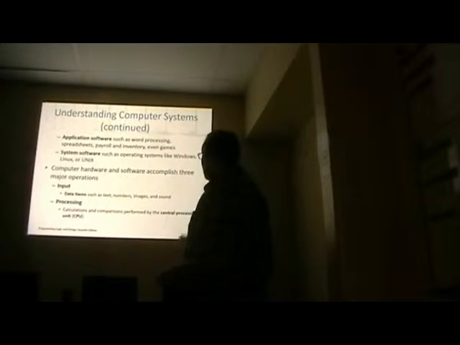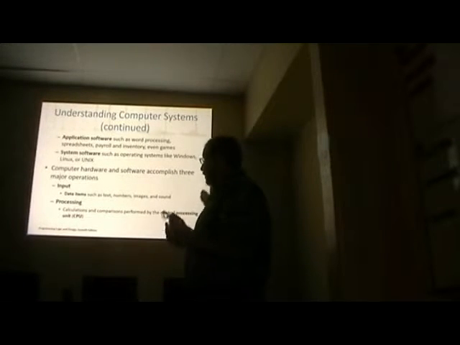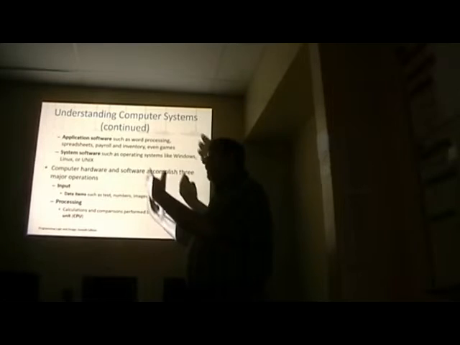Then we go to the major operations of the program. You have three major operations, and this is something you need to really understand. You have your input. That's the data coming into the computer. You have your processing. What is actually happening? What is being done in the computer after you input data?